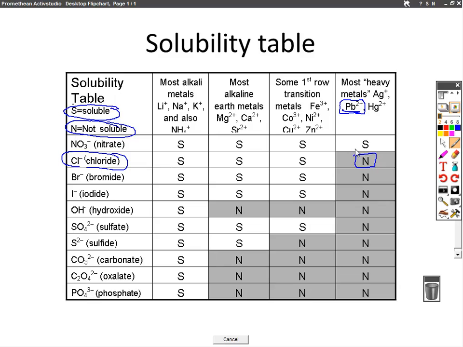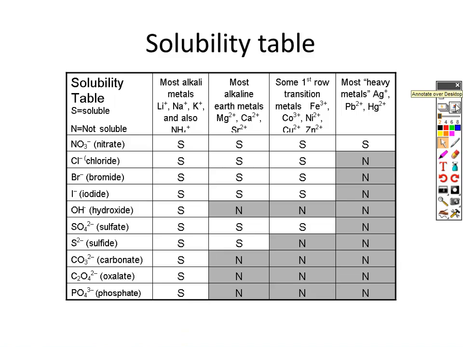Not soluble means it forms a precipitate. That's what N means. So it's good to pay attention to what the table actually says.